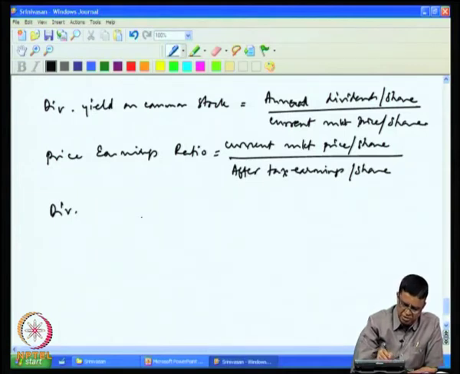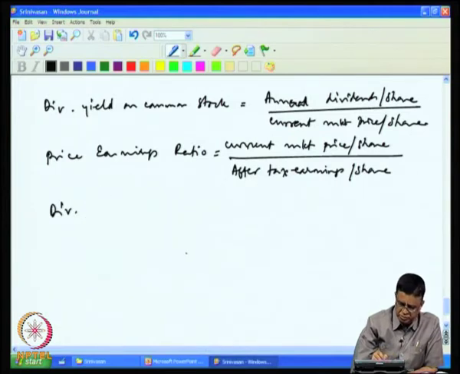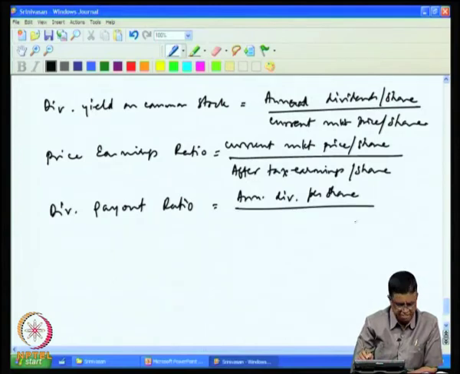Dividend payout ratio. This is calculated as annual dividends per share divided by after tax EPS, that is earnings per share.